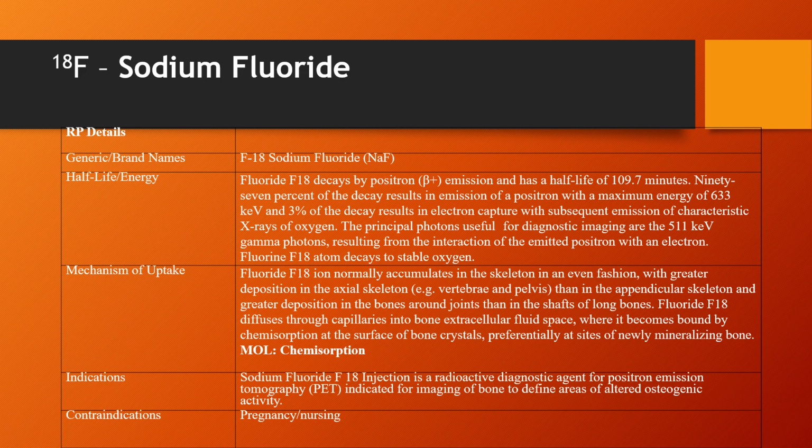Sodium fluoride diffuses through the capillaries into bone extracellular fluid space, where it becomes bound by chemoabsorption at the surface of the bone crystals. So mechanism of uptake or mechanism of action is all of that, basically. It binds to the bone crystals, preferentially at the sites of newly mineralizing bone, and it actually becomes a part of the bony matrix. The method of localization then is chemoabsorption, and it's chemically absorbed into the bone and bony matrix.